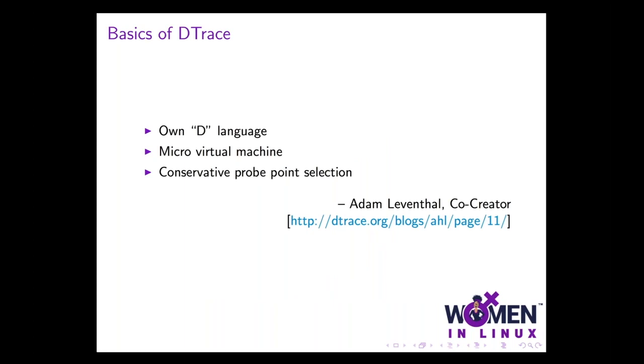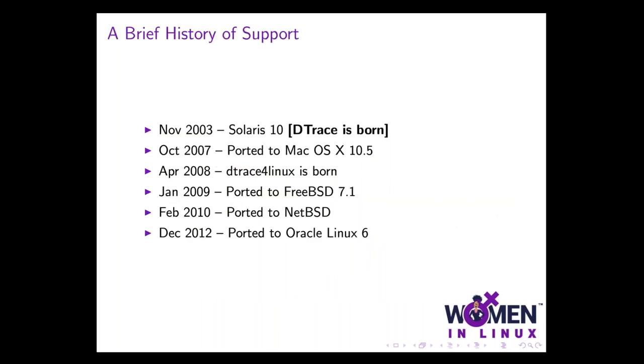And of course, they have a great mascot, which is their ponycorn. It's both a pony and a unicorn. Moving on, so what makes it kind of special is Adam Leventhal, one of the core creators that was in the beginning, said that some of the non-obvious choices that were born out of the core principles of the design are that we have its own language, which limits what you can do, a micro virtual machine, and along with that, a compiler of the D language that compiles into stuff that's then put in the kernel.